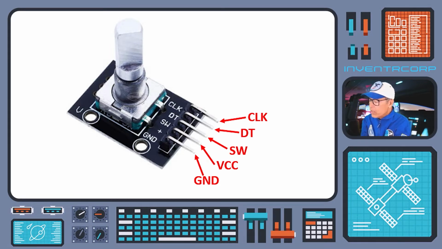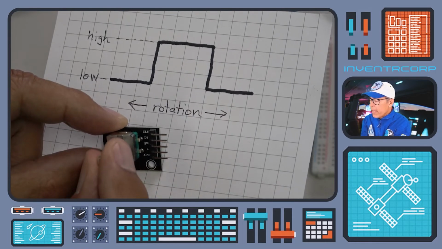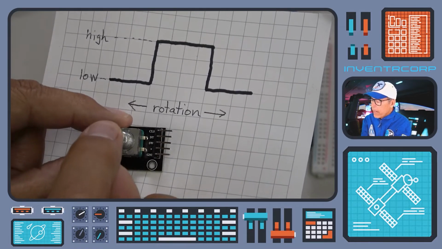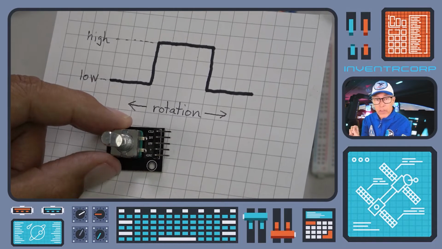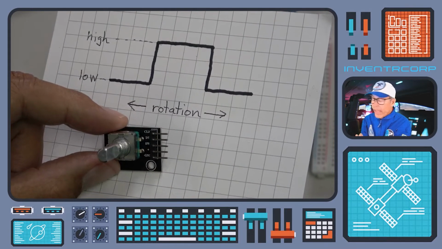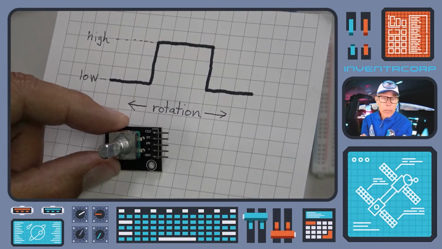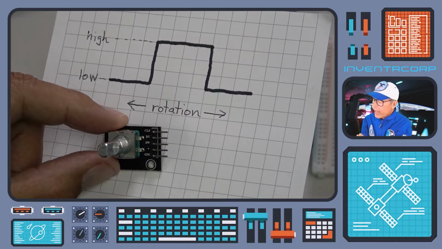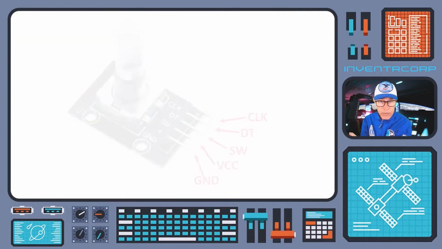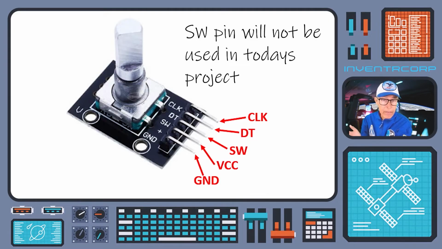In addition to this particular encoder being able to take rotary information, it turns out that it also has a switch in it which can be activated by pressing down on the center shaft. While that's a feature of this encoder, we won't be using it today. And so as a result, we're going to ignore the switch function, although we may have occasion to use that later on. That means that the center pin, labeled SW for switch, is one that we will not be using today.